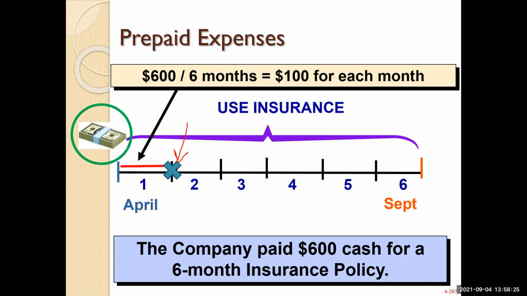Now what's happened in that month is two things. We've used some of that insurance policy, and the 6 months of benefit have been reduced. One of those months has been used up, it's gone away. That leaves only 5 months left.